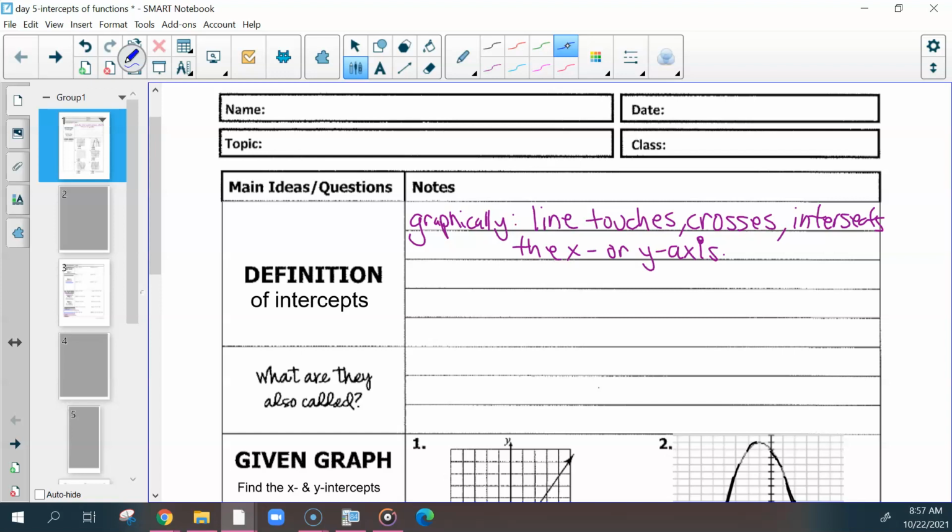Algebraically, it's a little bit different. If we're finding an x-intercept, it's where our y value is 0. So we would put 0 in for y, solve for x.